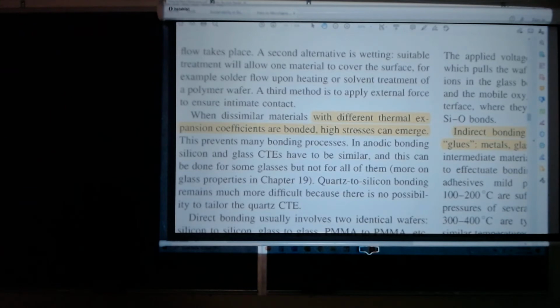And so the first lesson is, however you bond, the bonding strength, whatever you use to bond the wafers together, must be higher than the thermal stresses that occur due to CTE mismatch.